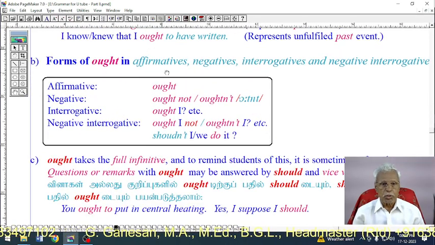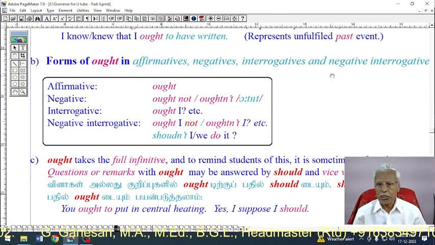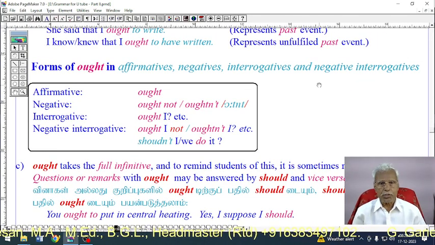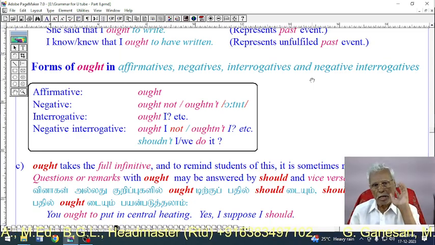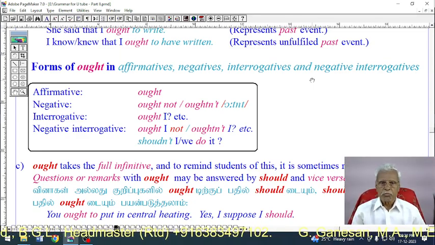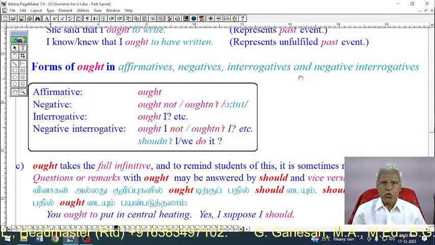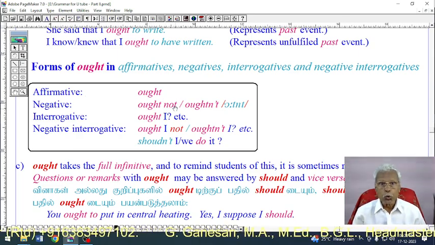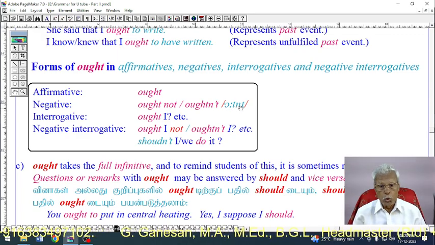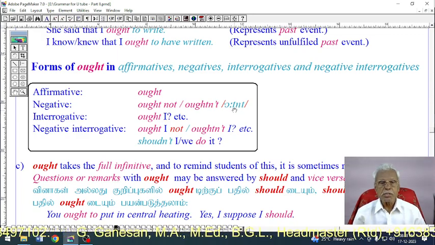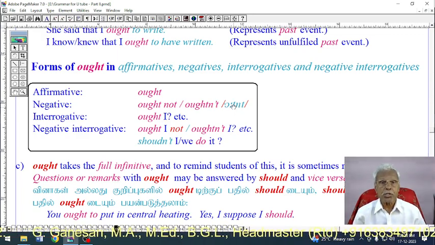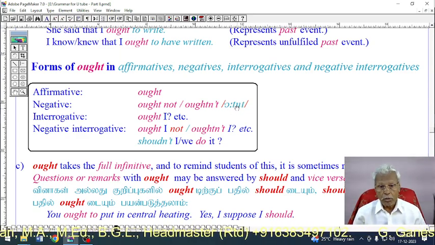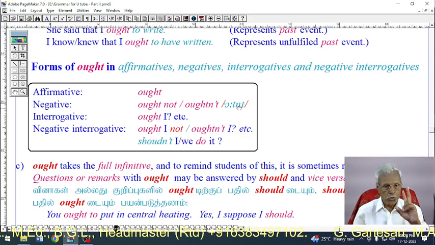Forms of ought in affirmative, negative, interrogative and negative interrogative. In the four kinds of forms, we use the auxiliary ought. Affirmative: ought. Negative: ought not, oughtn't, two syllables.